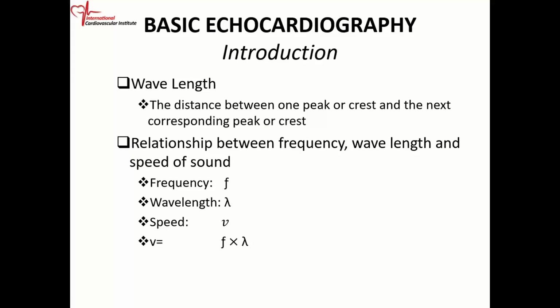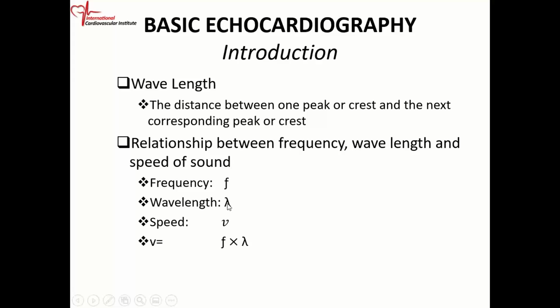Just think about it. What is the definition for speed? Speed is distance traveled per unit time. That's the standard definition. But remember what we said, the distance traveled for the wave is the wavelength. Okay, the distance traveled is the wavelength.